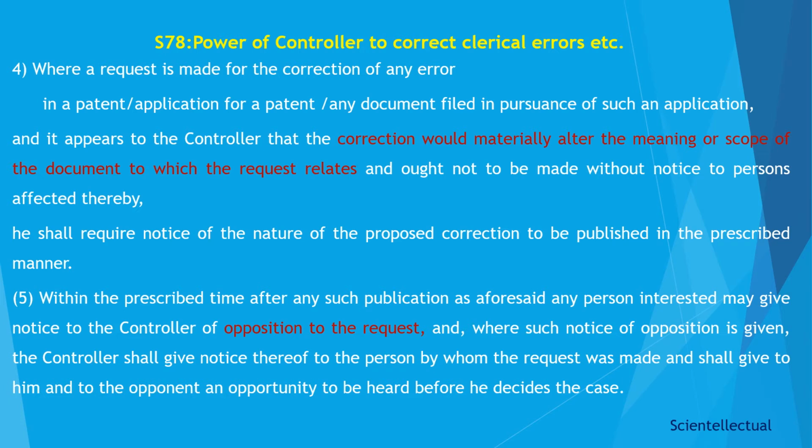Subsection 5. Within prescribed time after any such publication, any person interested may give notice of opposition, and when such notice of opposition is given, the controller will give that notice to the person by whom the request was made and shall give to him and to the opponent an opportunity to be heard before he decides about the case.